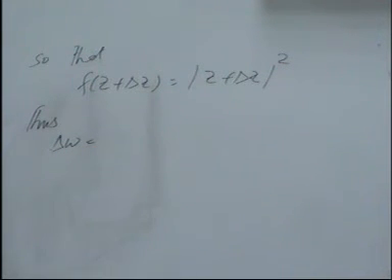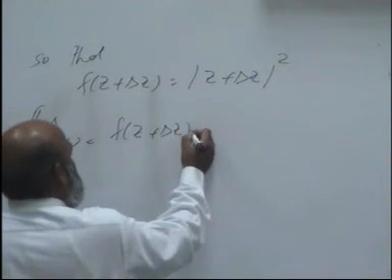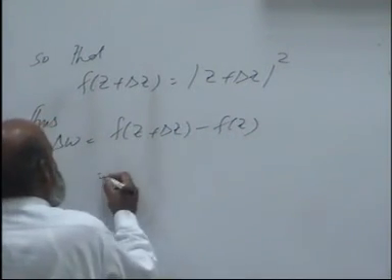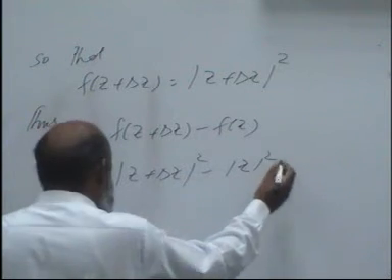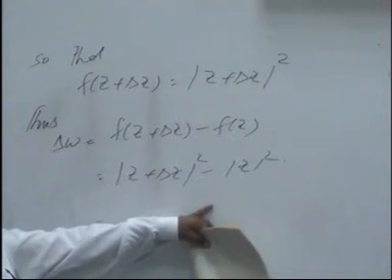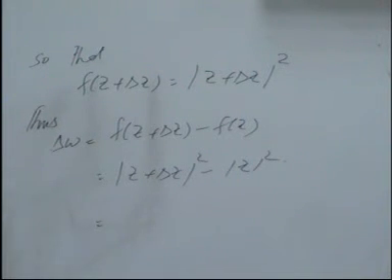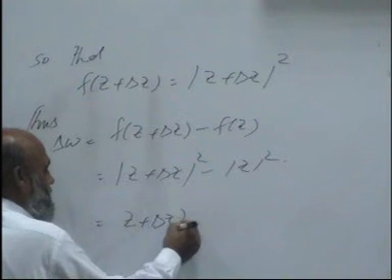This delta w is f of z plus delta z minus f of z, so it is z plus delta z mod square minus z mod square. Now we cannot take common factors over here. We are using the basic definition.